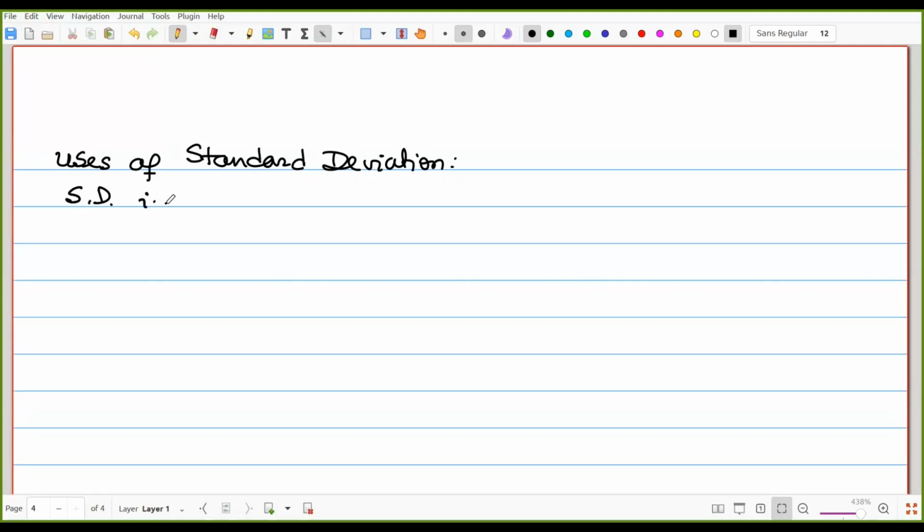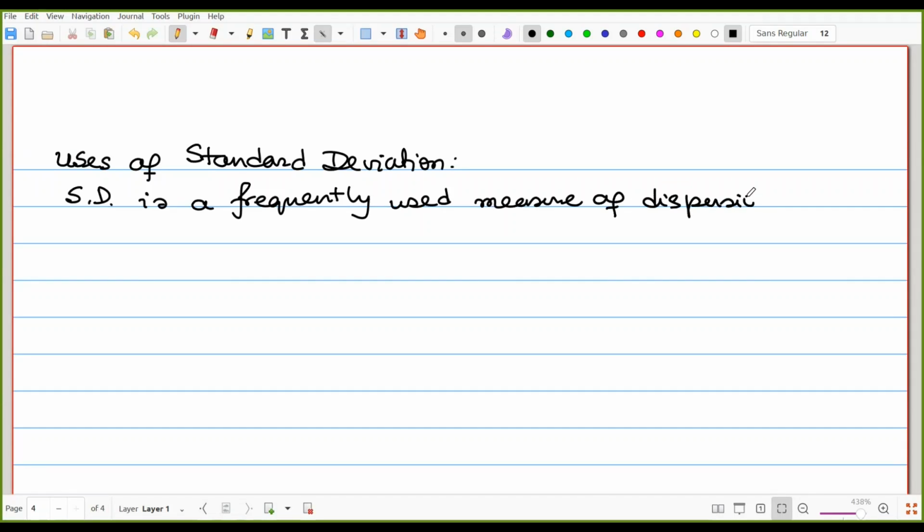So next, we have to think why we should use the standard deviation. That means the uses of standard deviation. Now, as we know, the SD or the standard deviation is a frequently used measure of dispersion. That means that is the most used measure of dispersion.